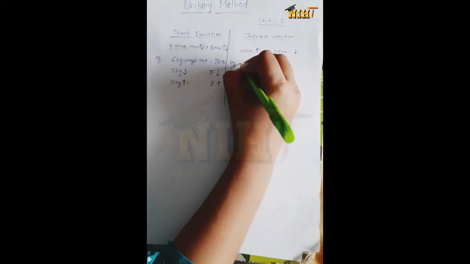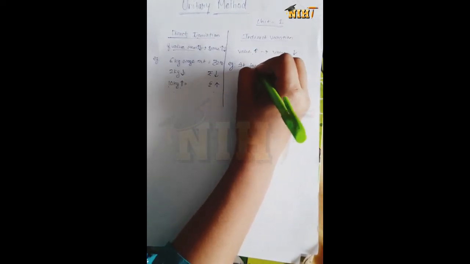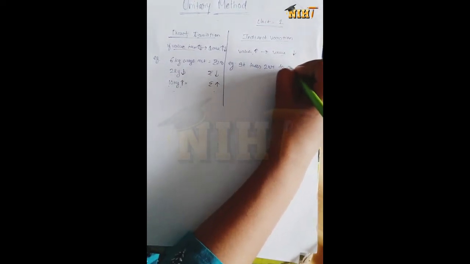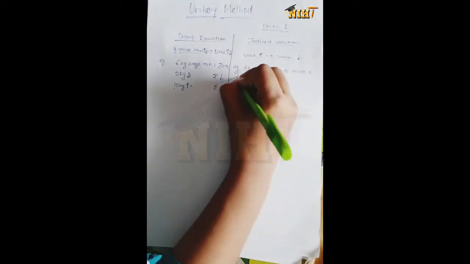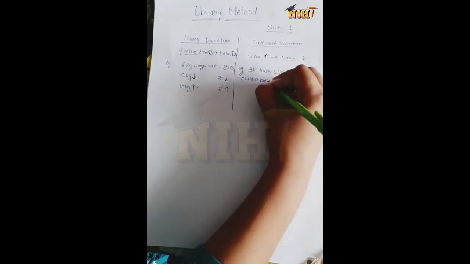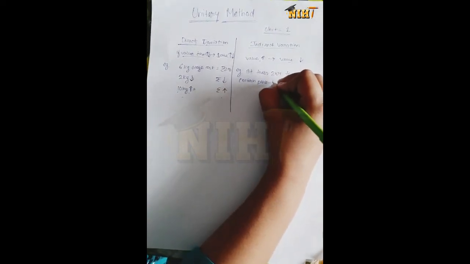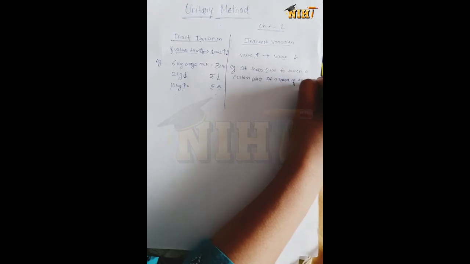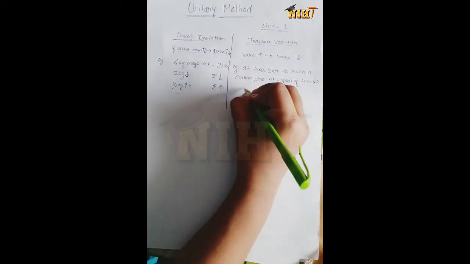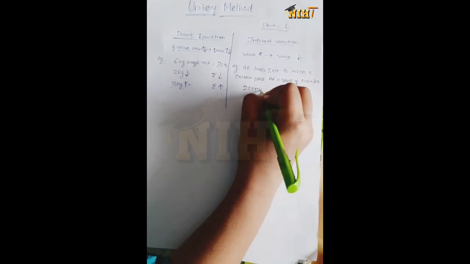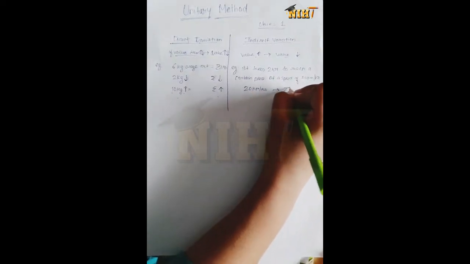It takes 2 hours to reach a certain place at a speed of 20 km per hour. So what is given? At a speed of 20 km per hour, it takes 2 hours.